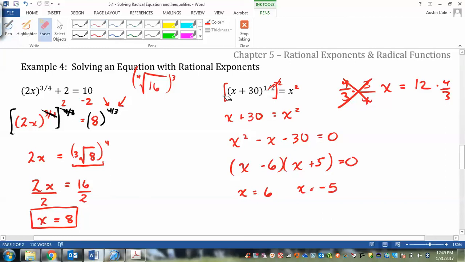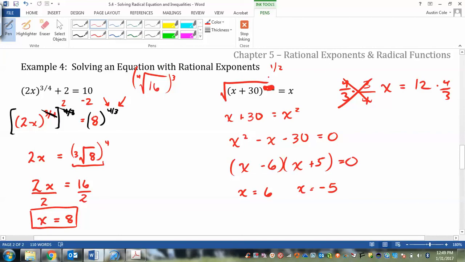Guys, here's one thing I'll tell you. Anything with a numerator of 1 is just like a root. So 1/2 is the same thing as square root. 1/3 is cube root. 1/4 is 4th root. So really, if I take this away, this is just the square root of that.